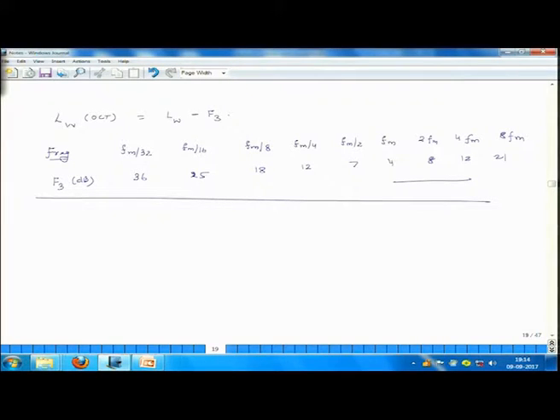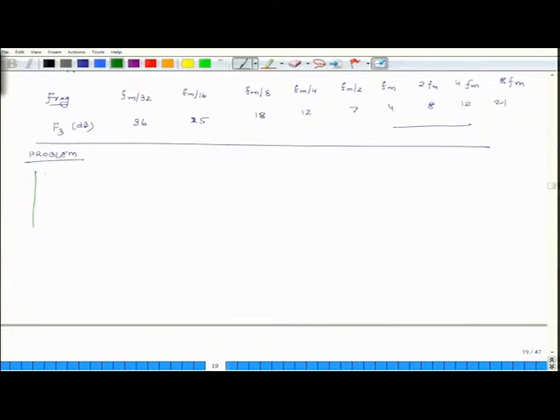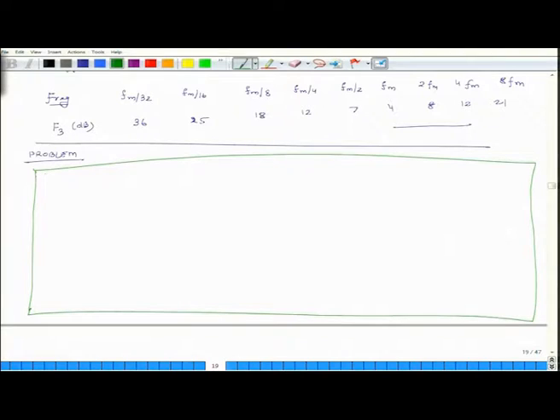Now let us try to do an example, so that things become clearer. So, here is the problem. You have a room and let us say we have a compressor here.